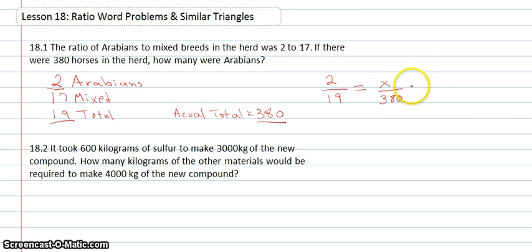Okay, then just to get x by itself, we'll just multiply both sides by 380. Alright, then I can simplify a little bit just to make things easier. And those would cancel, so x equals 40. So there were 40 Arabian horses.